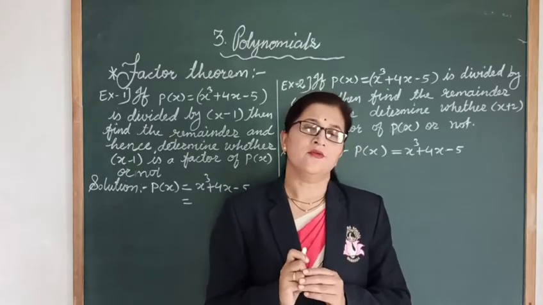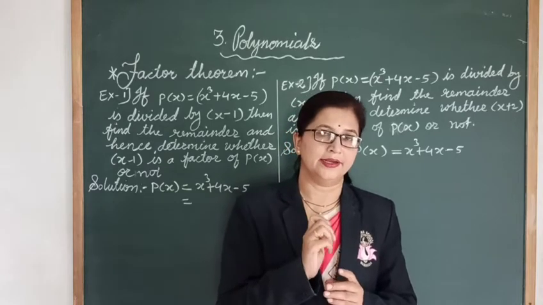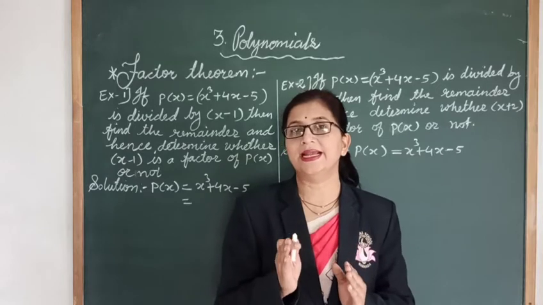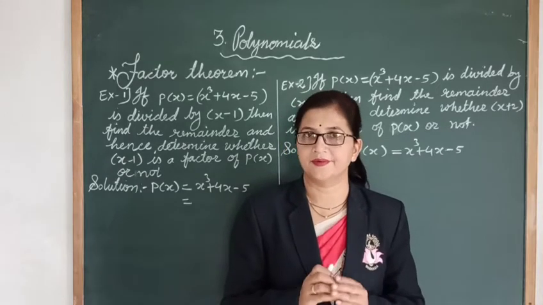Now suppose 48 is divided by 8, then the remainder is 0. So we say that 8 is the factor of 48, right?